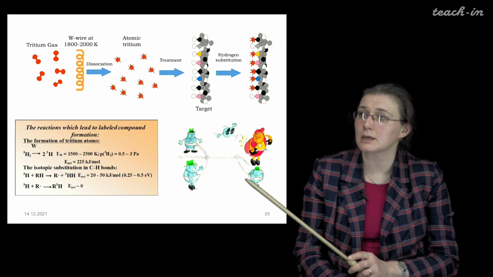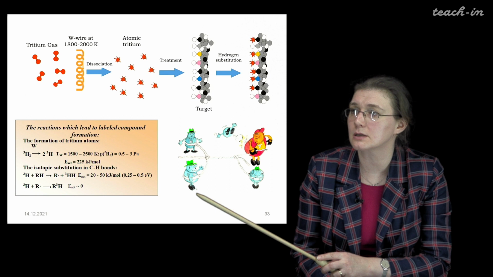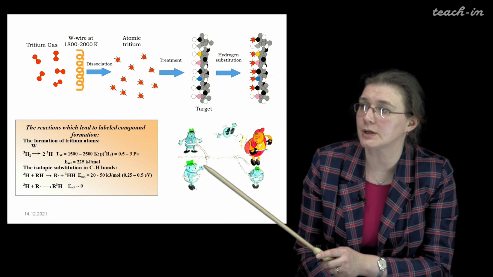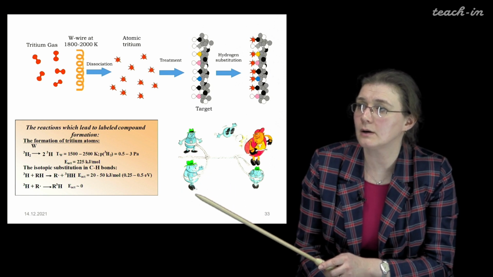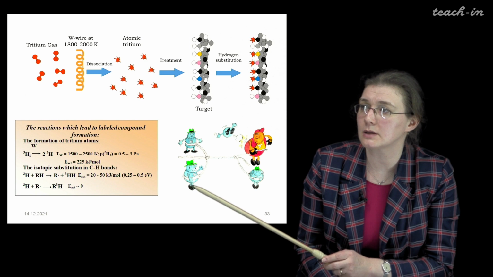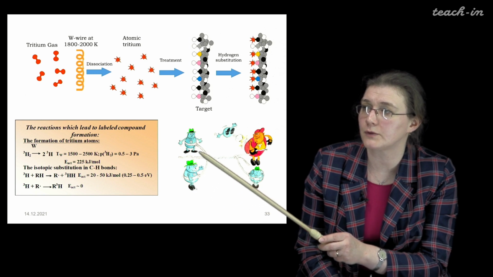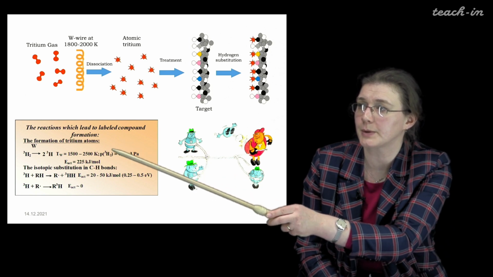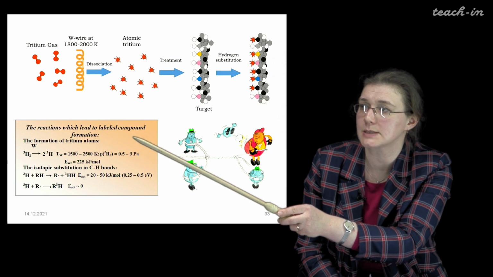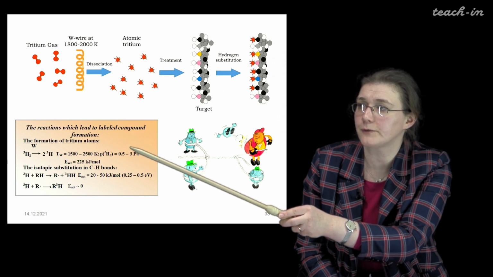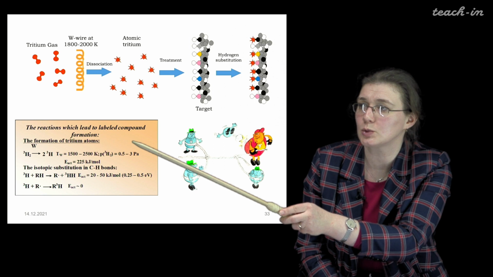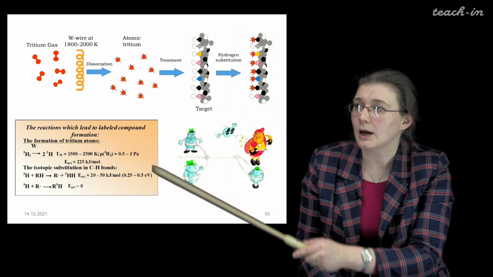So here are some physical characteristics of the reaction. The activation energy of the first reaction, preparation of tritium atoms on the hot tungsten filament, is approximately 20 to 25 kilojoules.